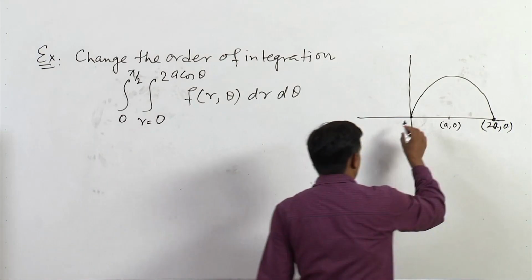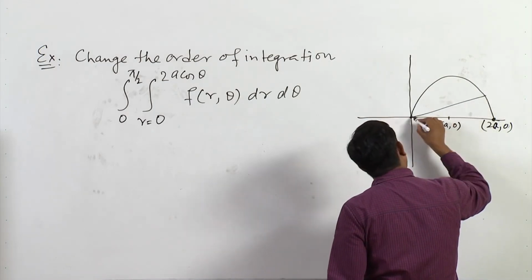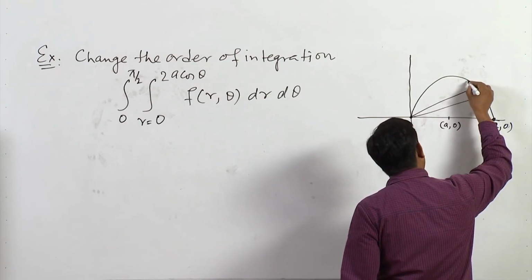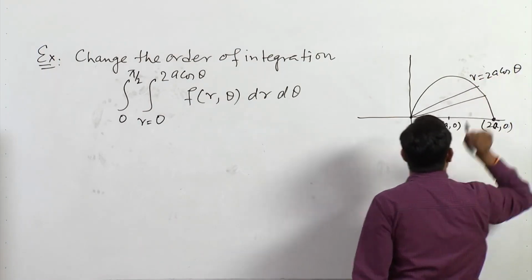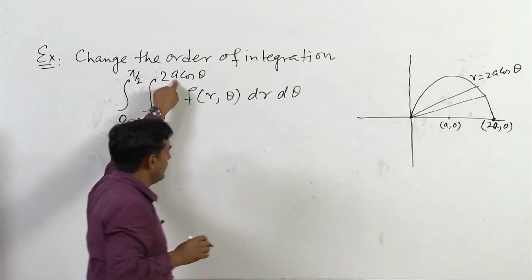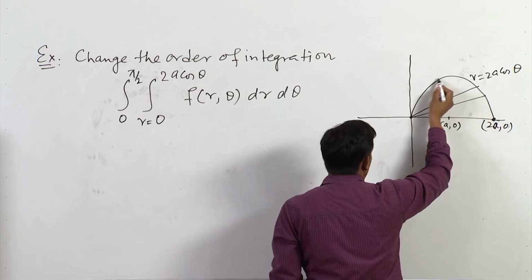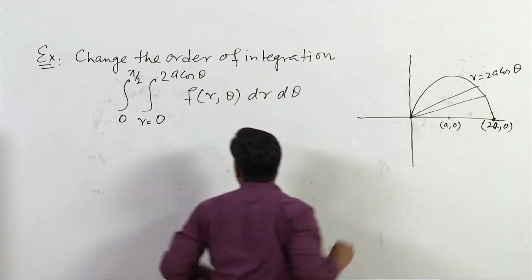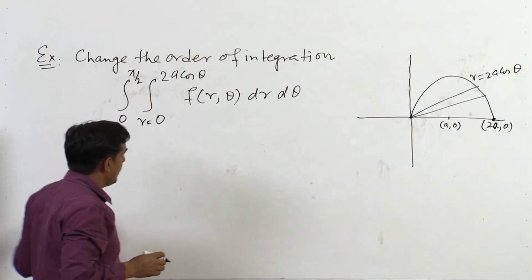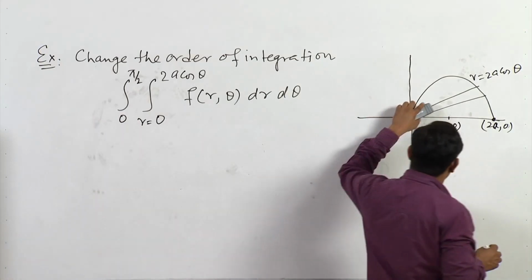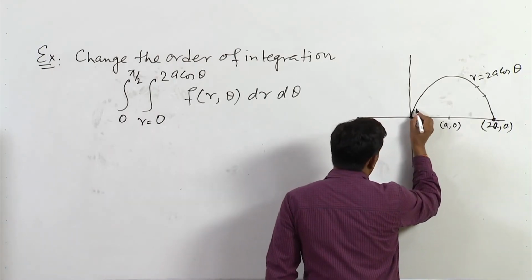Because my strip is starting from this point, that is r equals 0, and finishing at this curve which is r equals 2a cos theta. So, 0 to 2a cos theta, and this radial strip will start from here and go up to here, that is theta equals pi by 2. So, now cover this region by a circular arc. So, the circular arc will go like this.